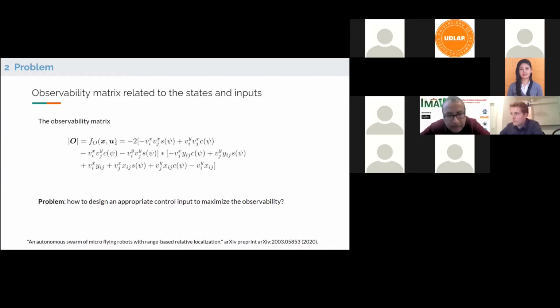We don't know, but we thought, what if we maximize this determinant? How about the influence from this on the localization error? So we designed the cost function with this matrix determinant, and we see in the results that it indeed improves the localization error.